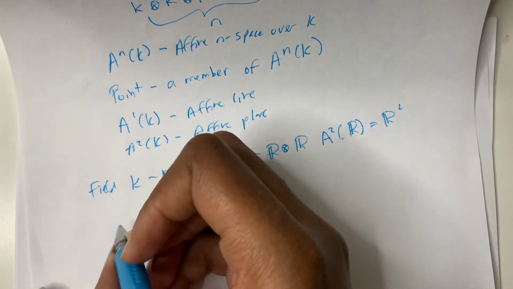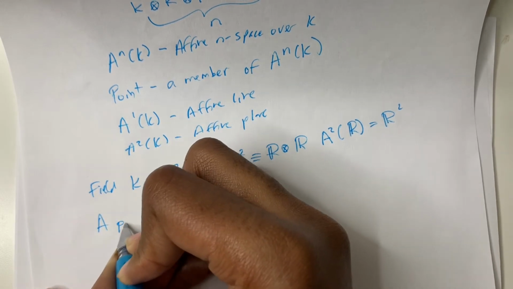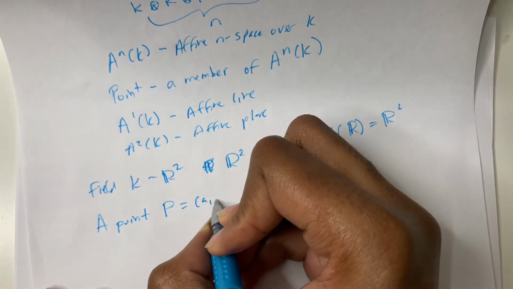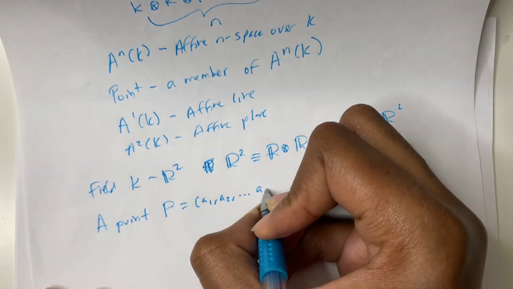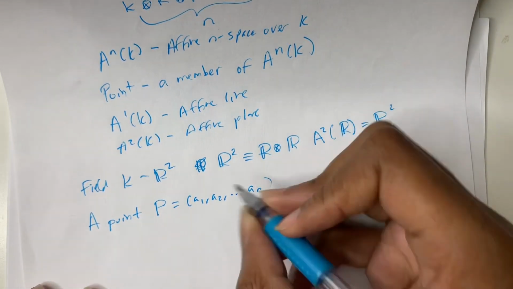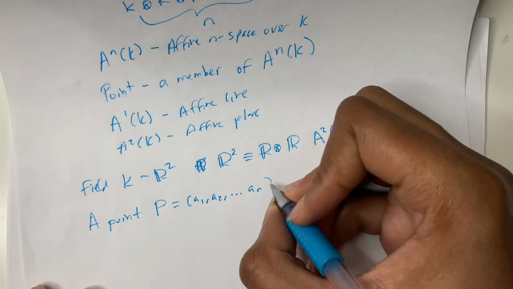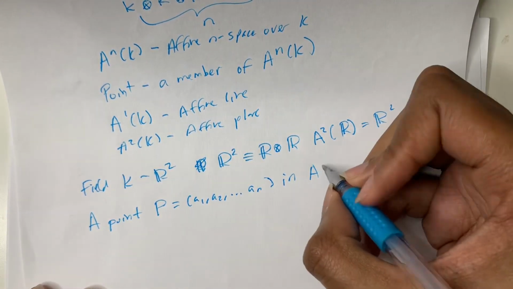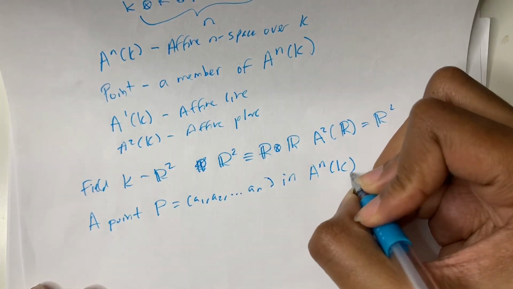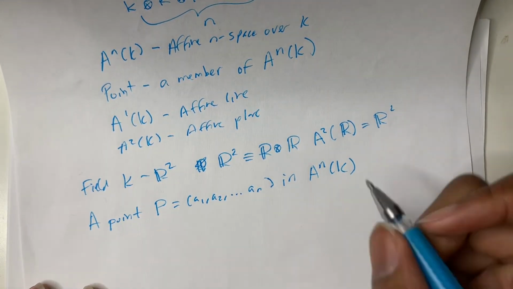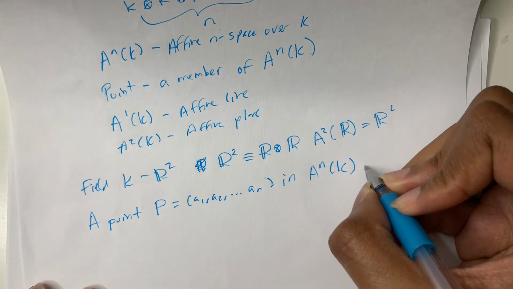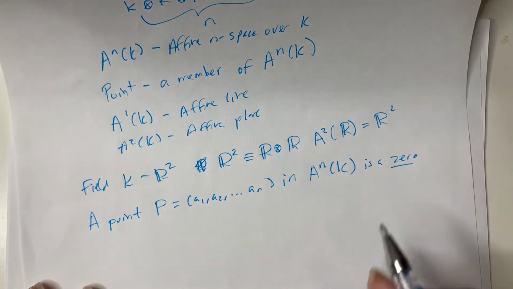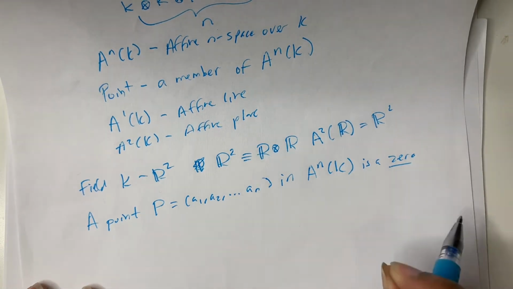So we say that a point P, where P is just (a_1, a_2, all the way to a_n), let's make this really general and abstract, a point P that is a member of the affine n-space over K, is a zero. This is a very crucial term in algebraic geometry.